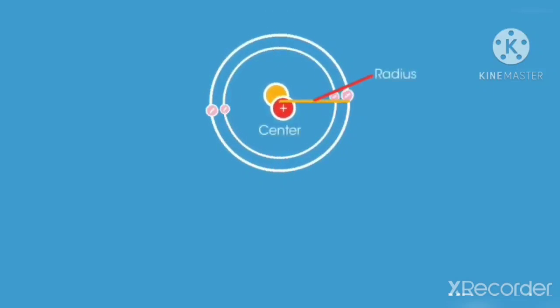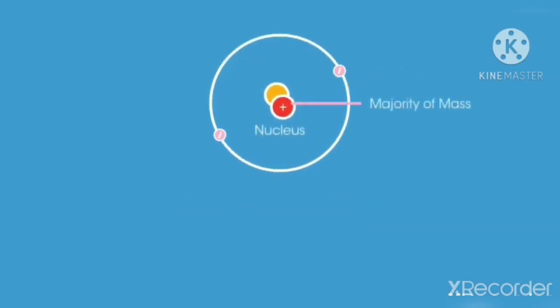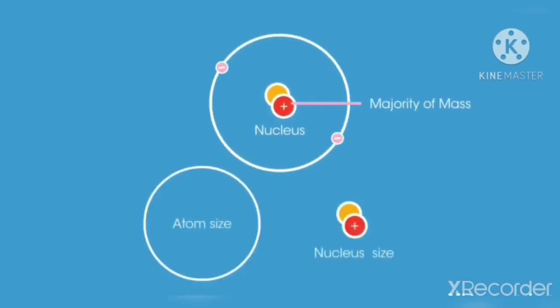The radius of an atom is typically about 10 to the power minus 10 meter. It is very small. The majority of the mass depends on the nucleus, but in terms of size, the nucleus is much smaller than the whole atom.